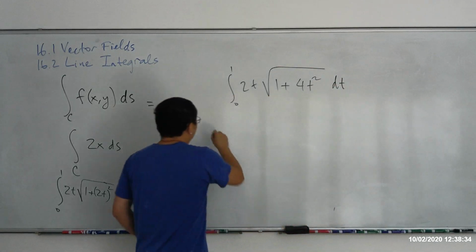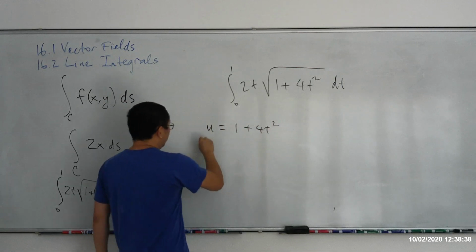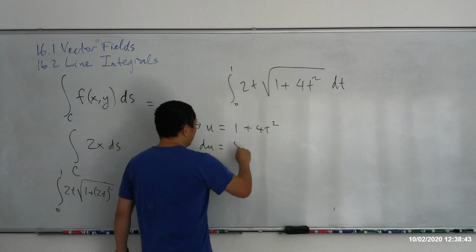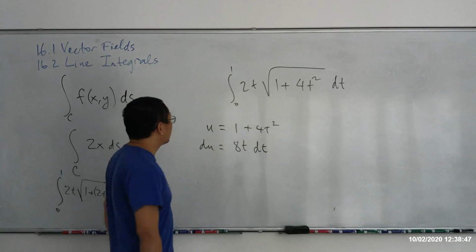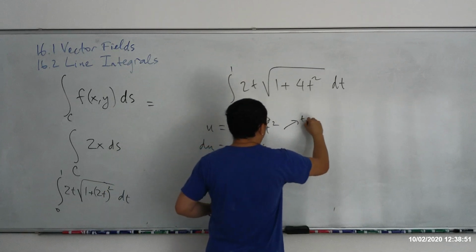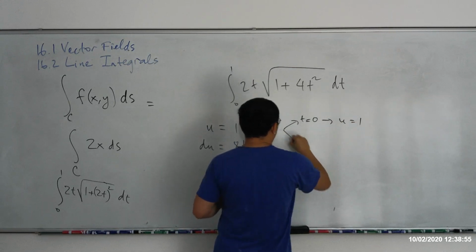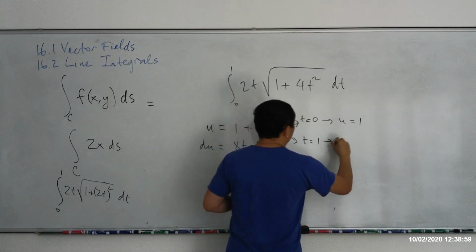Okay? Let u equal to 1 plus 4t squared, then du, I'm using the Calculus 1 technique, equals 8t dt. Change the variable: t equal to 0, then u is 1. T equal to 1, then u is 5.